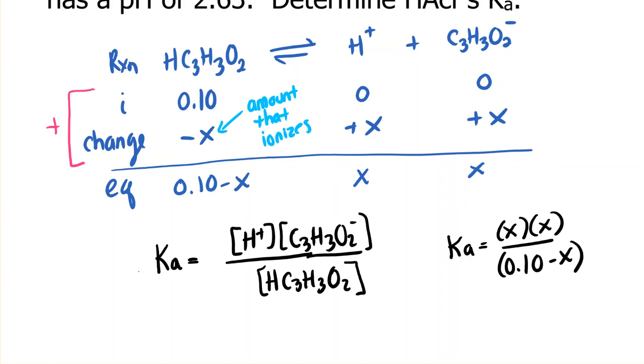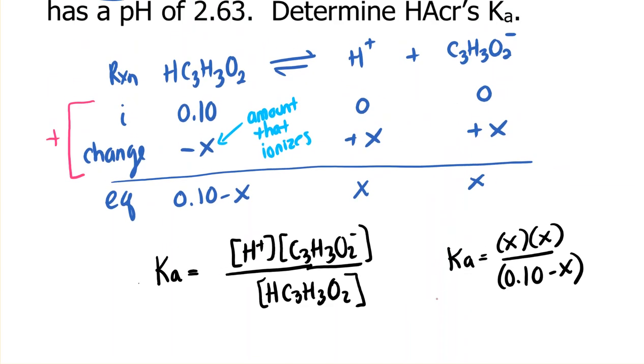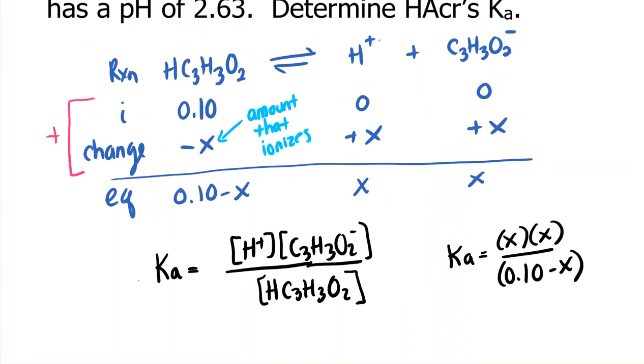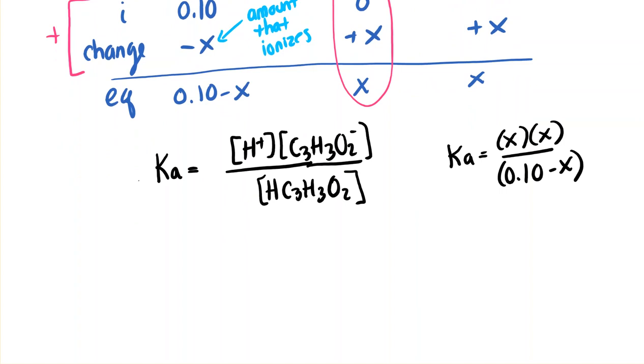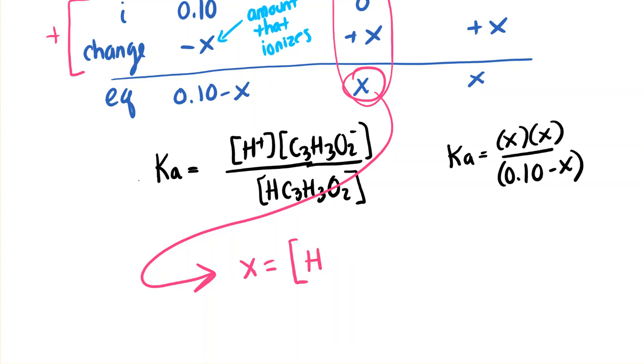Okay, well now what? Well, it also gave us the pH. And notice that the pH, if you look at this column right here, is going to be related to X, because in this case, X is the hydrogen ion concentration.